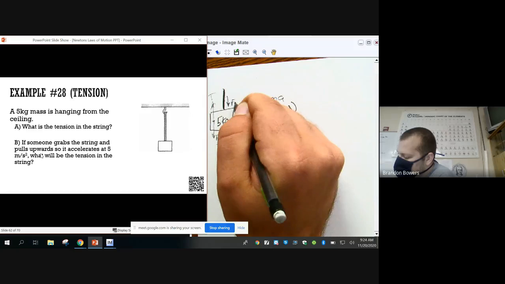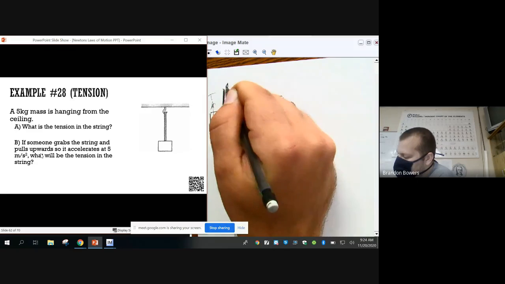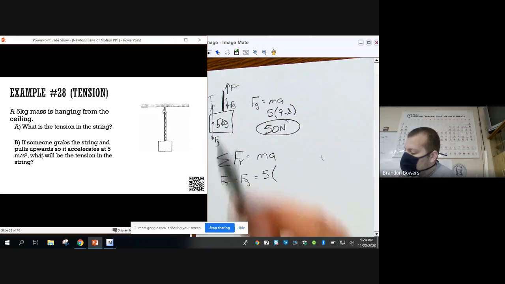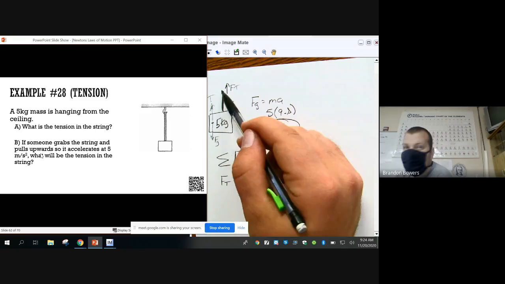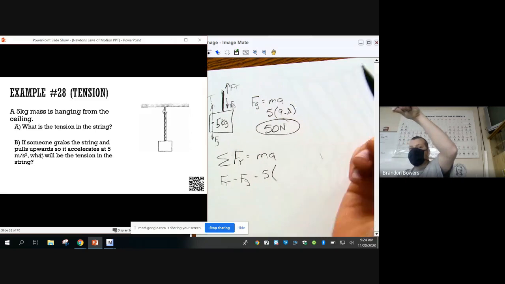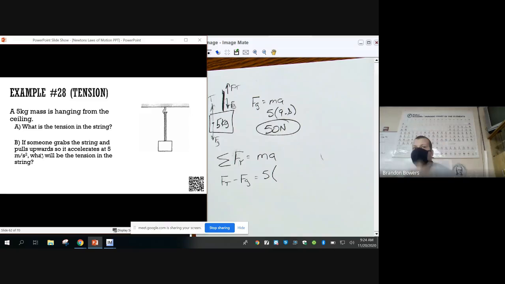The force of gravity, force of tension. So wouldn't you add the forces? No, they're going in opposite directions. The force of tension is going up the string, you're pulling up, and the force of gravity is pulling it down.